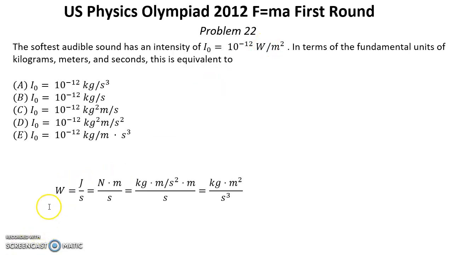Let's look at power. Power equals joule per second, joule equals newton times meter, and newton equals kilogram times meter per second square. Finally, that's equal to kilogram meter square over second to the power 3. And finally, I0 equals 10 to the power negative 12 kilogram per second cube. That's answer A.